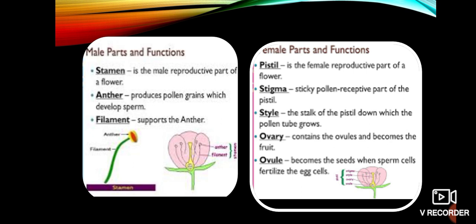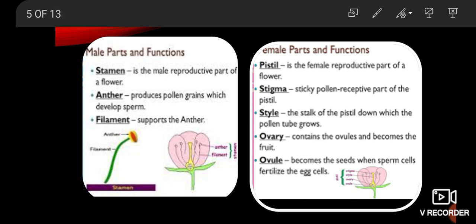You can see in this image the stamen, the whole male reproductive part in a flower or plant. The stamen has two different parts, anther and filament. The anther produces pollen grains which develop sperm, and the filament supports the anther. So these are the male reproductive parts of the flower.